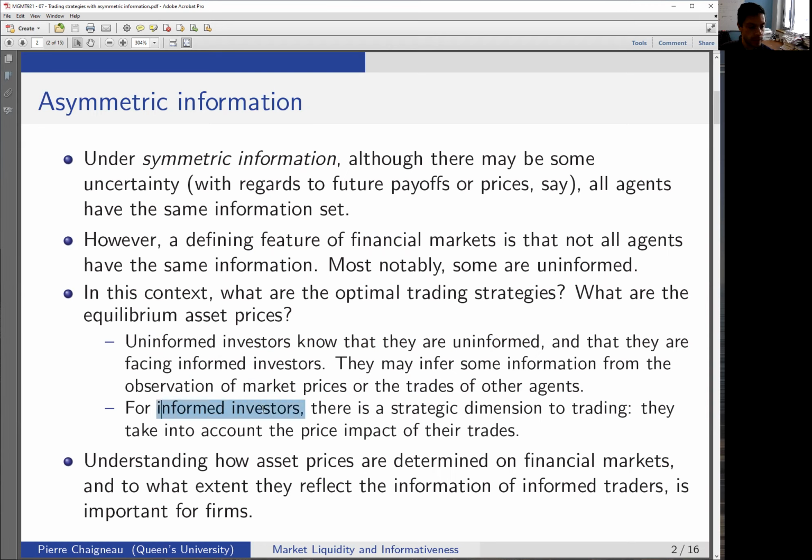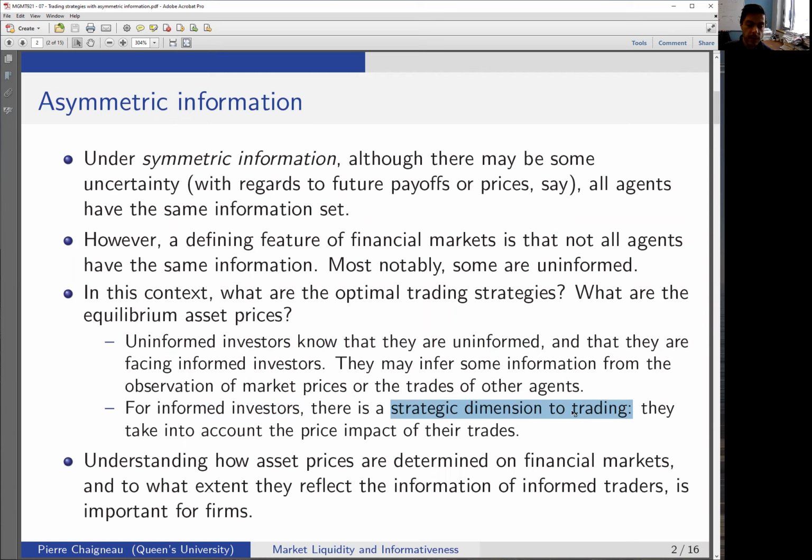Now, for these informed investors, those who have some specific information that uninformed investors do not have, they also know that they are facing investors who are less informed than they are, right? So for these investors, there is now what's referred to as a strategic dimension to trading. And in this sense, what does strategic mean?